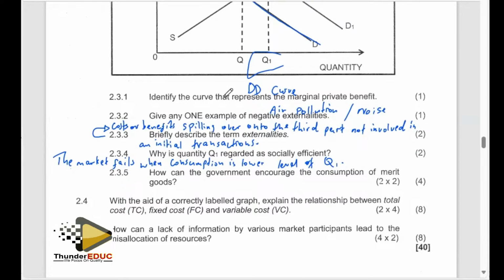By reducing the tax on merit goods and also subsidizing the production of merit goods.